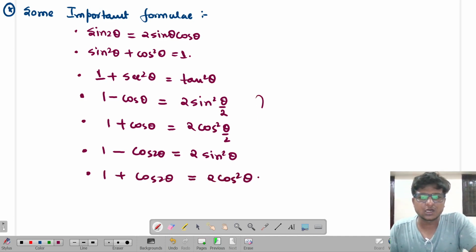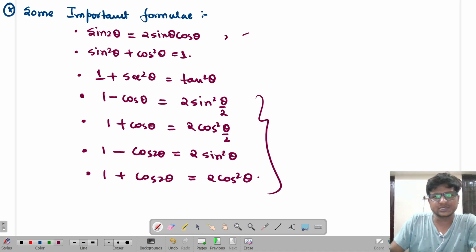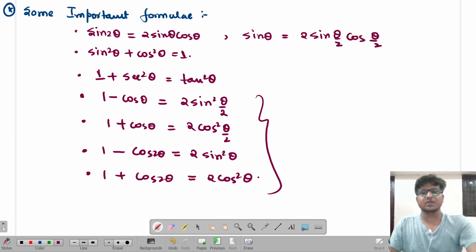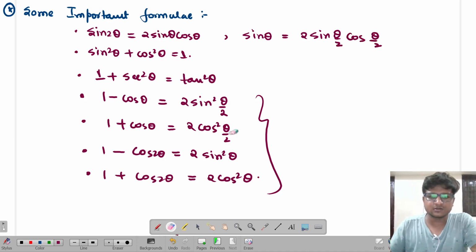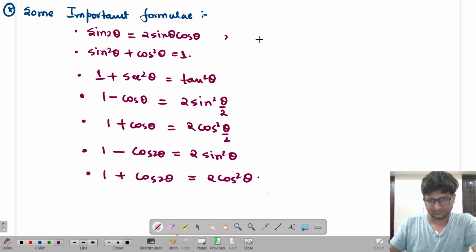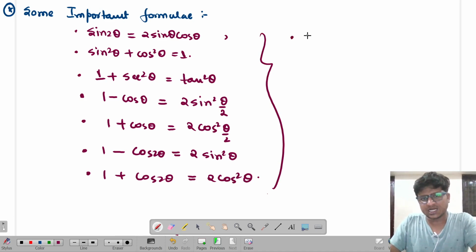So these are the formulas of, you can say, half angles. Are you able to get me or not? Sine theta can also be written as 2 sine theta by 2 into cos theta by 2. How? This is a very big derivation. So we are not deriving it; we are just learning it right now. So that is called the half angle approach.